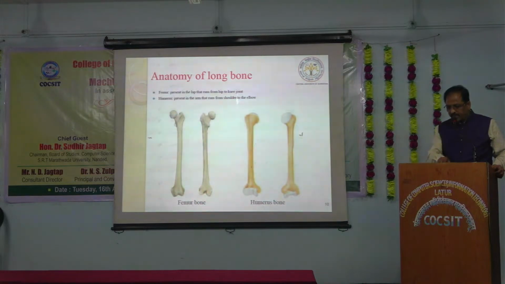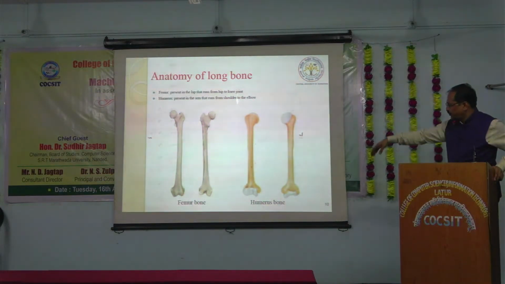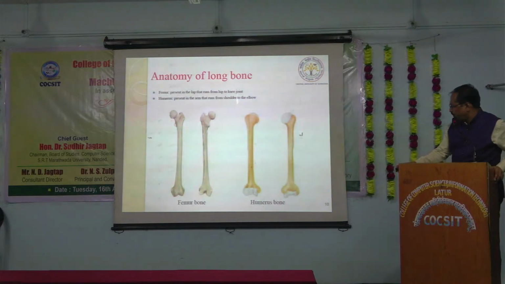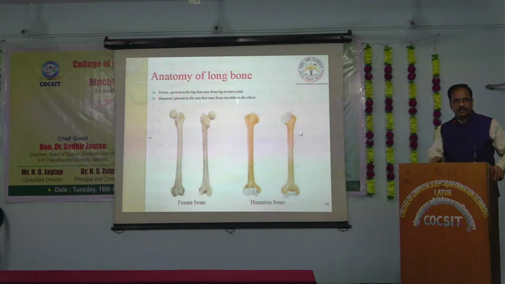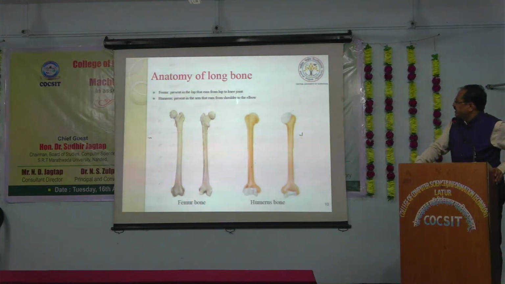So let us look at the anatomy of the bone. This is the femur bone. I was talking about the femur bone and the humerus bone. The femur bone is present in the thigh and runs from the hip to the knee, the upper part of our leg.